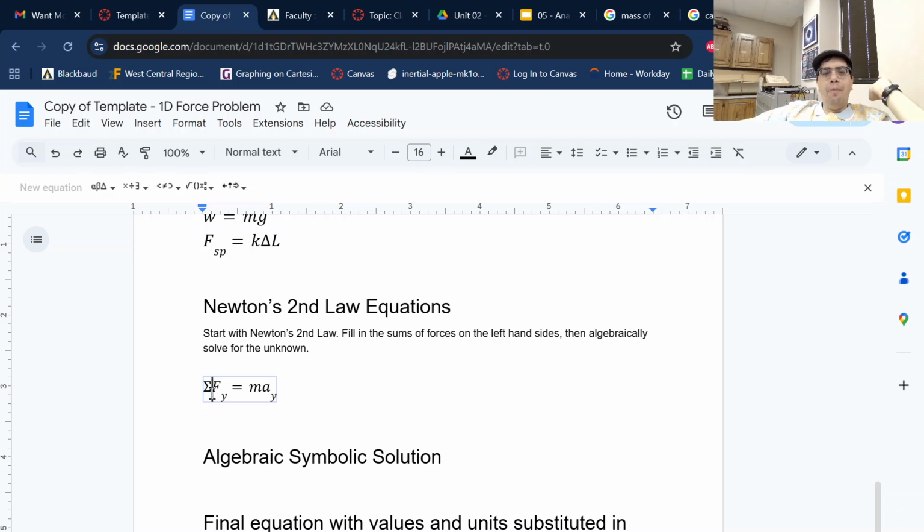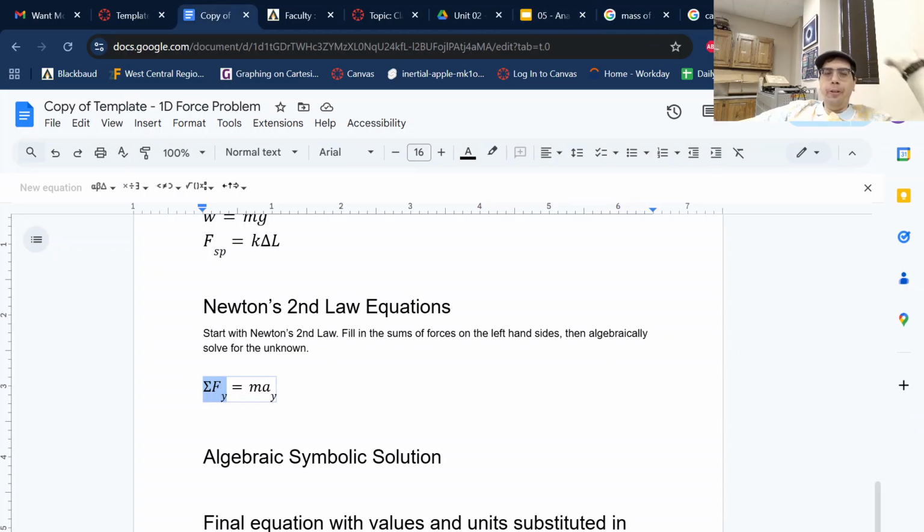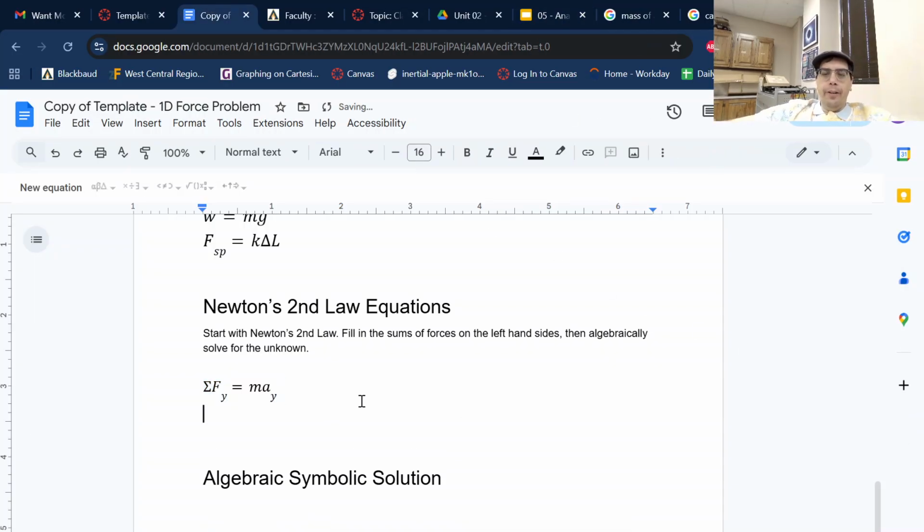So this is the sum of all the forces in the y direction, and that's the same thing as the net force in the y direction. We're going to go through all the forces. Any of them that are pointing upward, we're going to add. Any of them that are pointing downward, we're going to subtract. There's not a whole lot of them to go through, but we will go ahead and do that.